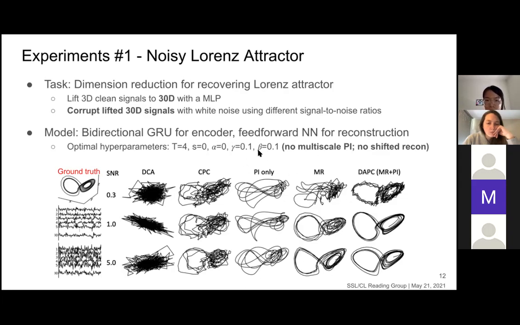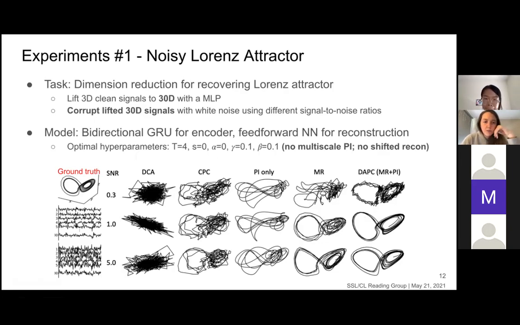PI only means in the objective they only use the PI part without the mask reconstruction. MR means only mask reconstruction without the PI term. And the final column shows the overall objective. I'm pretty impressed by how well this model is able to reconstruct the original ground truth Lorentz attractor.